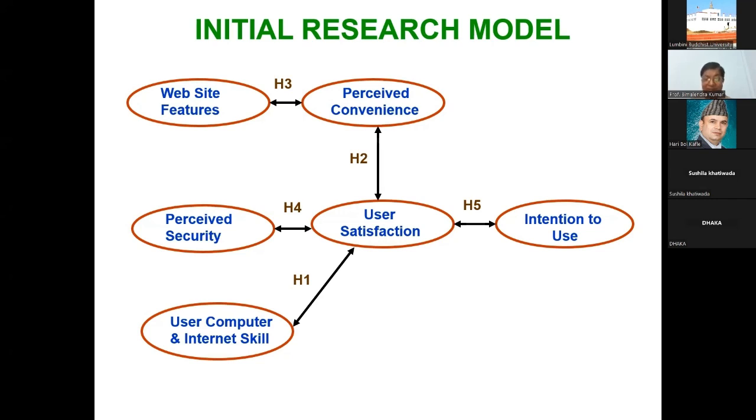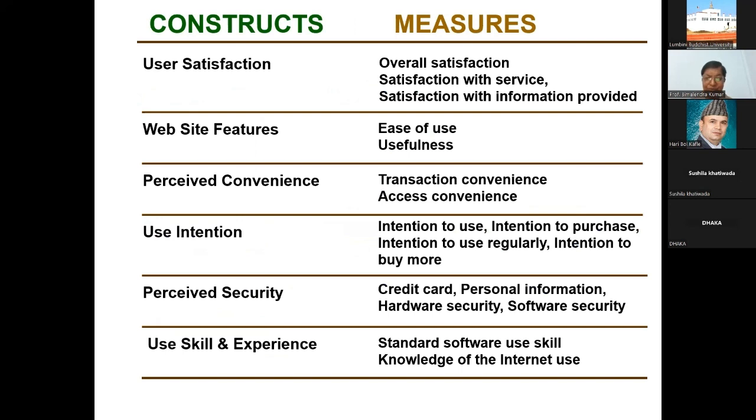Then again, there is perceived security and there is intention to use it. So through this table, we can see how initial research is built up. Here there are some of the things related with user satisfaction, website features, perceived convenience, use intention, perceived security, and user skill and experience.